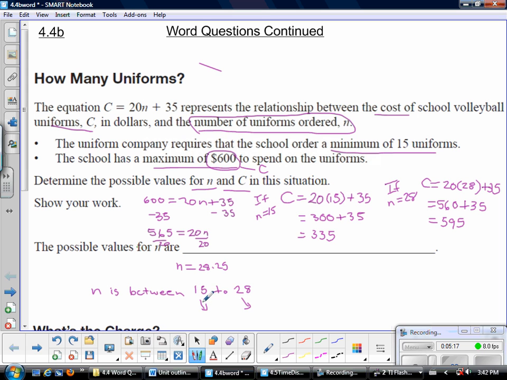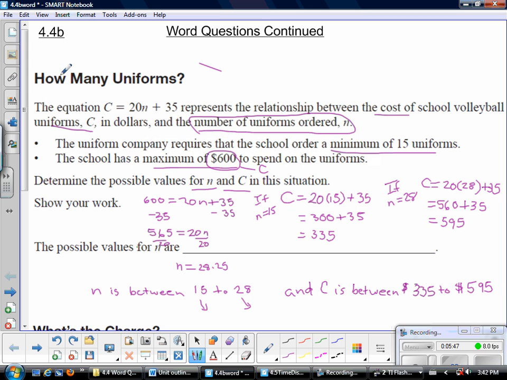So N is between 15 to 28, and C is between 335 to 595.